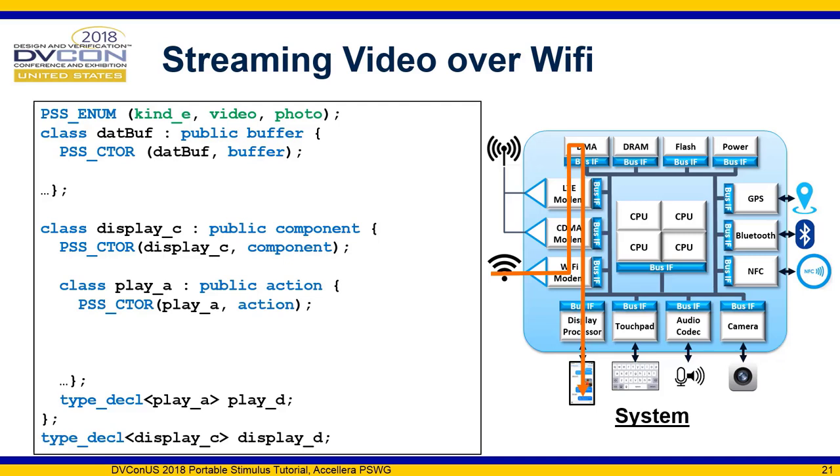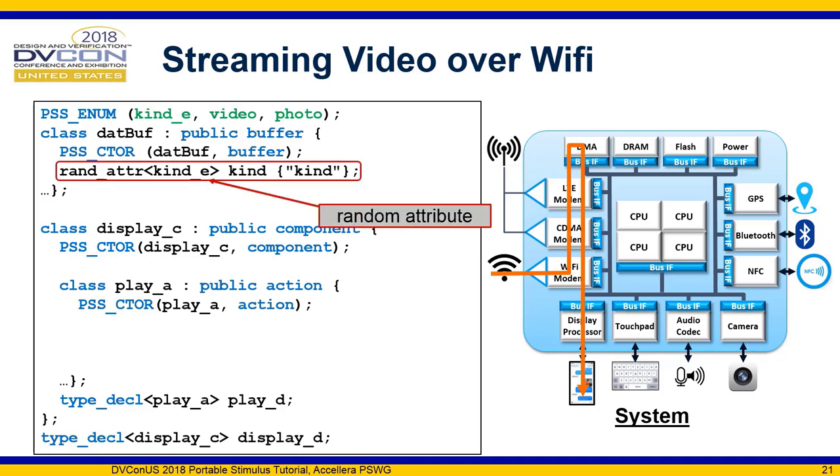And then, previously we've never had constraints in C++, and now we do. So we're saying we have here a random attribute of type kind under E, and the name of the variable is kind. So now that's sufficient information for us to pick up that C++ model and go do the randomization, same as we're doing in the DSL.